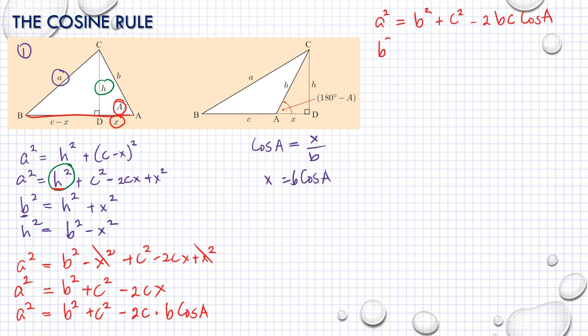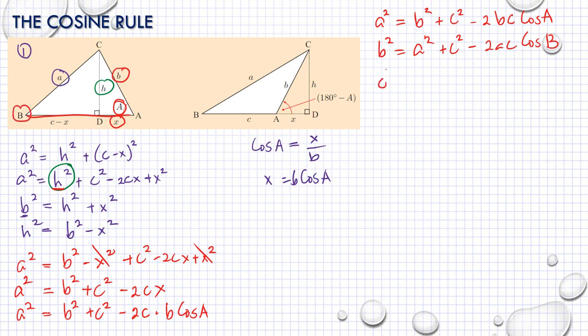Okay, so if I'm going to do this now, B squared. This is the one that I am going to find out. To calculate the length of that, we have A squared plus C squared minus 2AC cosine B, the opposite angle here.